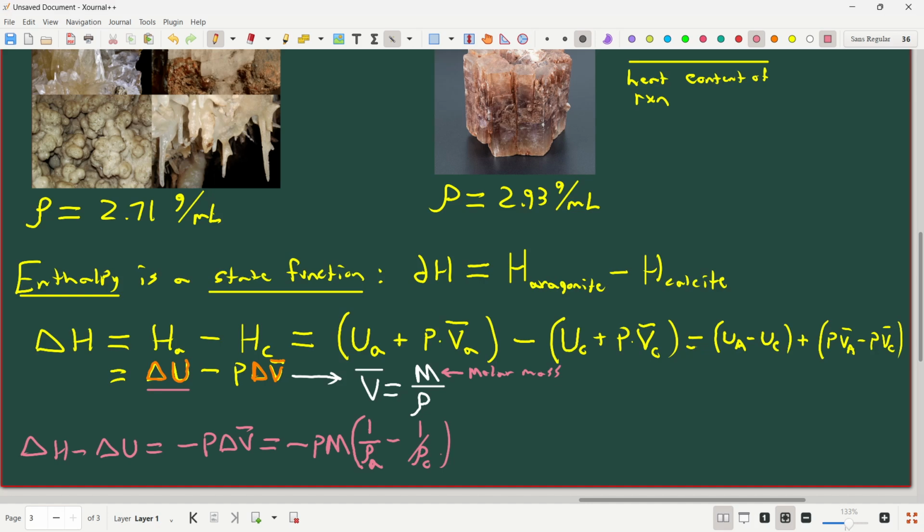Do I have that the right way? Yeah, I have that the right way. And just canceling out, that's PM times 1 over the density of calcite minus 1 over the density of aragonite.